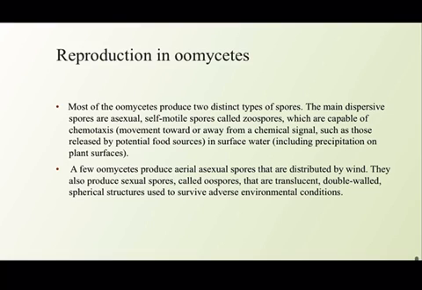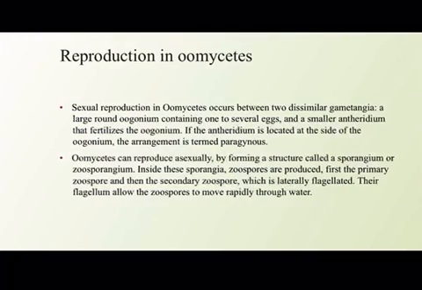They also produce sexual spores called oospores, which are translucent, double-walled, spherical structures used to survive adverse environmental conditions. Sexual reproduction in the oomycetes occurs between two dissimilar gametangia: a large round oogonium containing one or several eggs and a smaller antheridium that fertilizes the oogonium. If the antheridium is located at the side of the oogonium, the arrangement is termed paragynous.